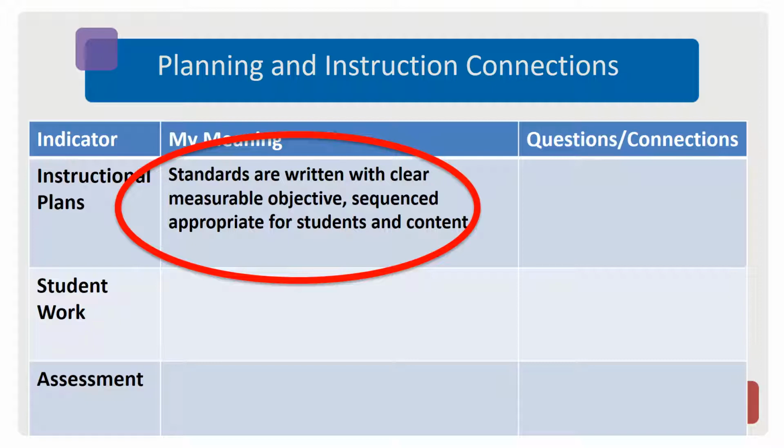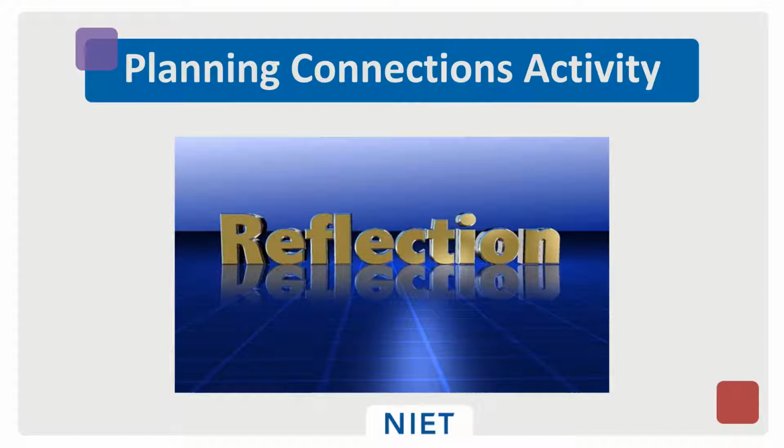Now, take time to complete the chart on handout 2 with the student work and assessment indicators of the planning domain. After the training, you may want to take the time to reflect on this activity with other cooperating teachers and university supervisors, as rich discussions about the rubric can better assist with understanding and implementation.